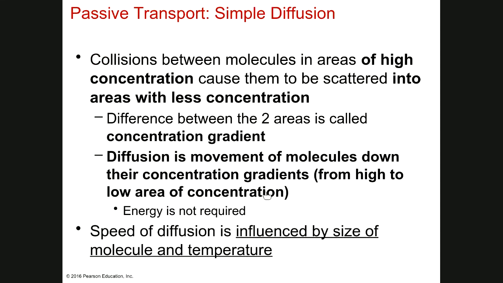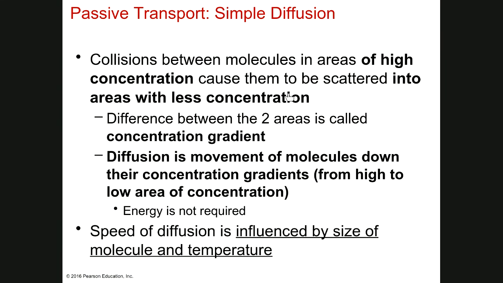Now, this is important. So we're getting into simple diffusion. Really important for you all to understand simple diffusion, which relates very much to the document I made for you all. So let's talk about what this is. Simple diffusion involves when you have, let's say, for example, a cell, and that cell has a difference in concentration of a certain item.